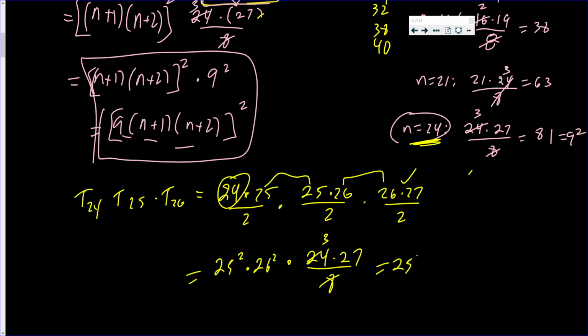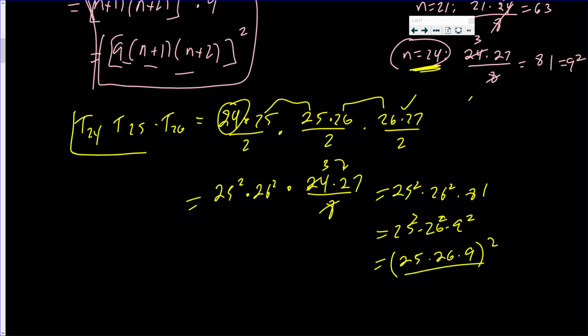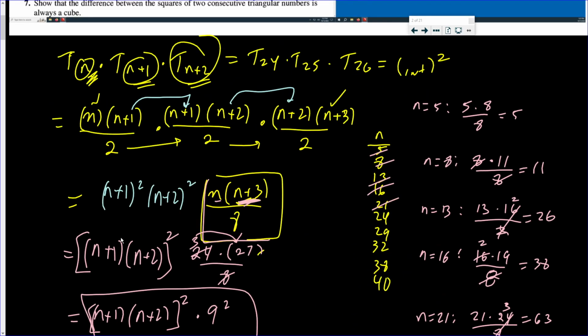So you have 25 squared times 26 squared times 3 times 27, which is 81. That is known as 9 squared. So this here is 25 times 26 times 9, all squared. And if you want to multiply that out, fine. But I showed that when you multiply those three numbers, you do get something squared. And that's all I was asked to do.